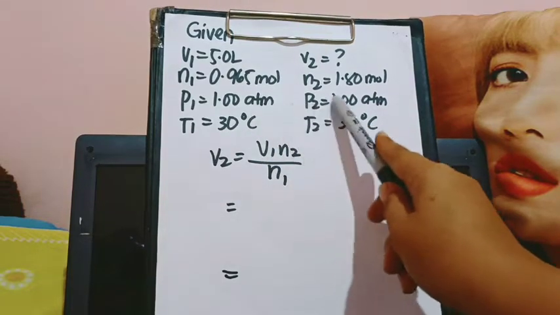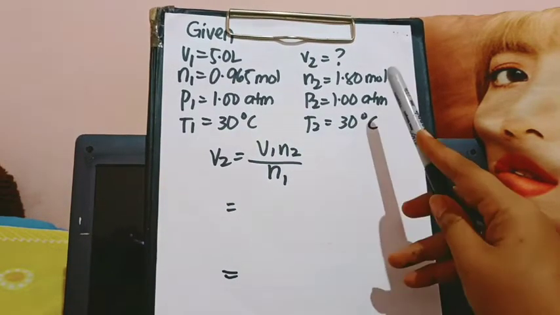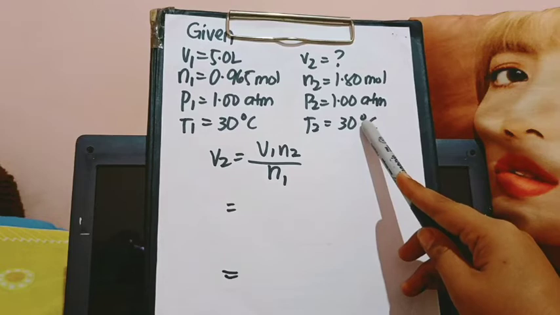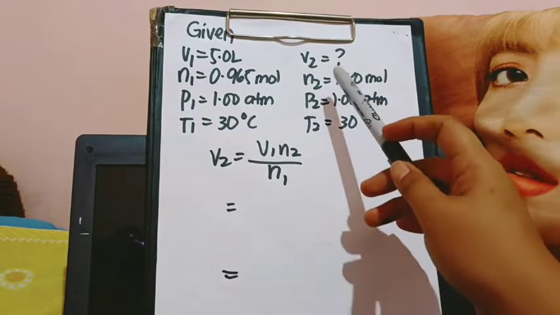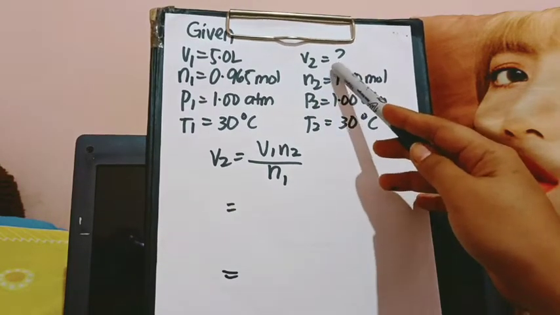So these are the givens in our problem. We are looking for V2, or the final volume.